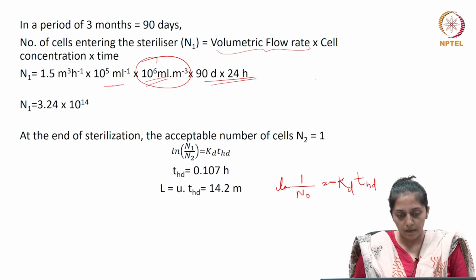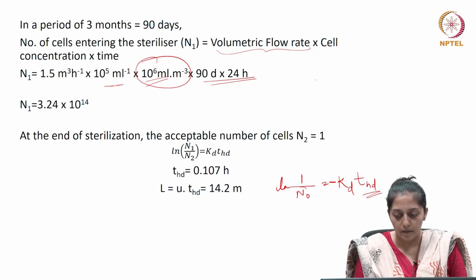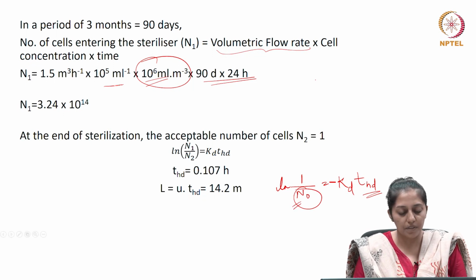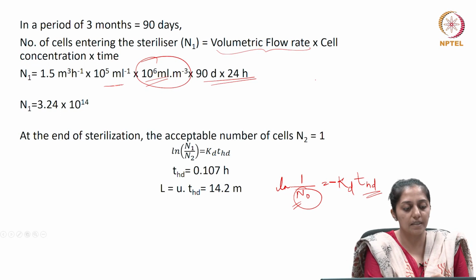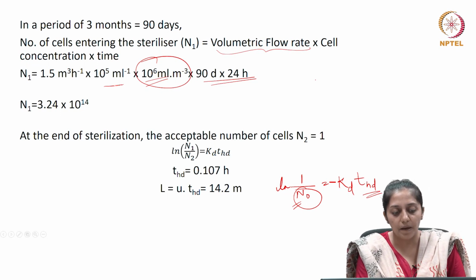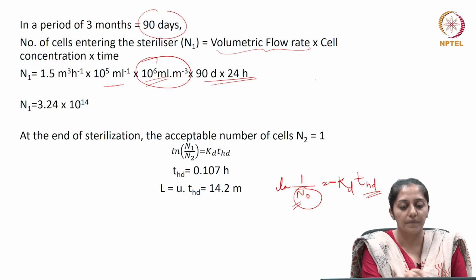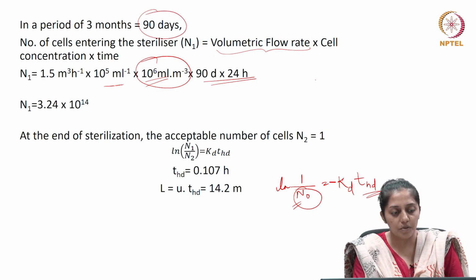The holding time needs to be calculated if we know the other unknown, which is the initial number of cells. The initial number of cells can be calculated by finding the volume of raw material which will be processed in 90 days, because 1 in 3 months is acceptable.